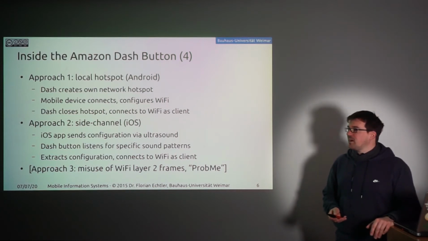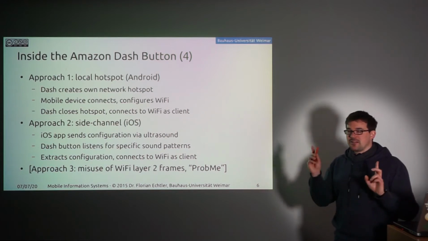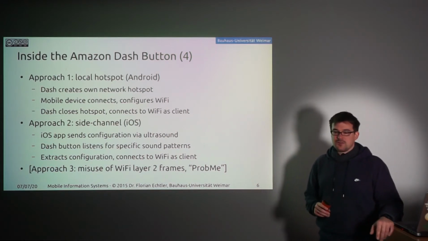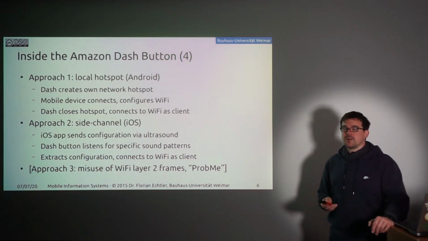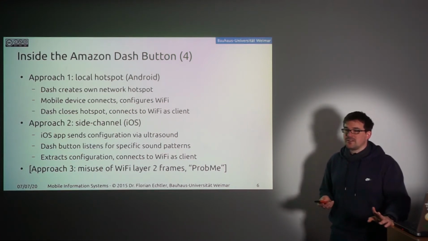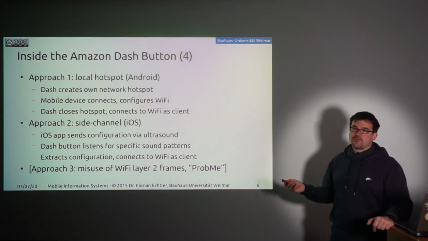However, Amazon also included a way to use the side channel configuration, also because the hotspot approach didn't work on iOS in the beginning already. So it's the same issue as with Android now, but even more pronounced. And this is where the microphone comes in.